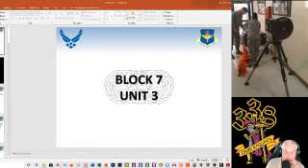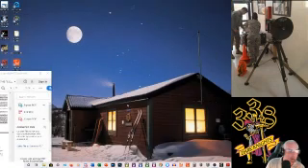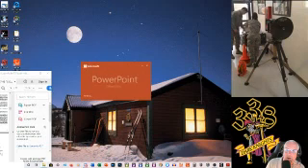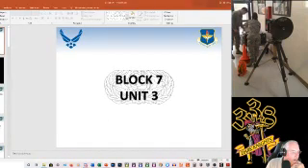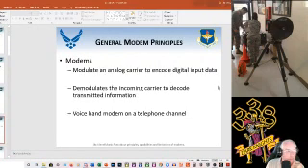Three Alpha, I think. That's basic radio picture. General modem principles, types of modulation. So that's where we need to be.